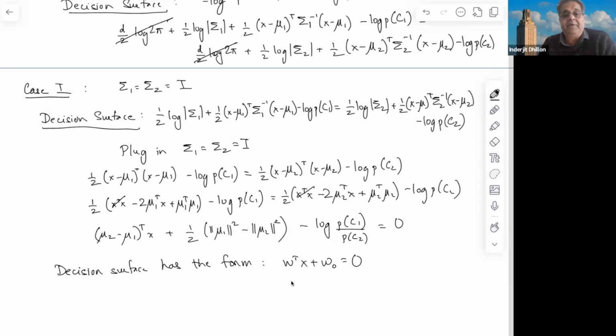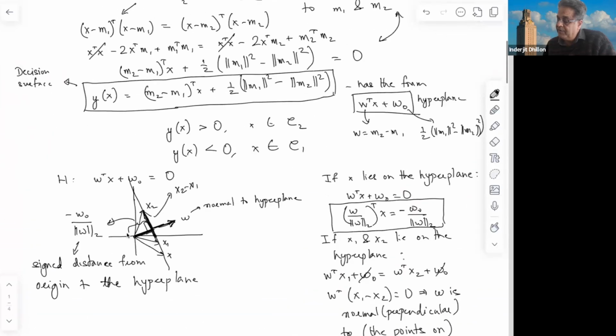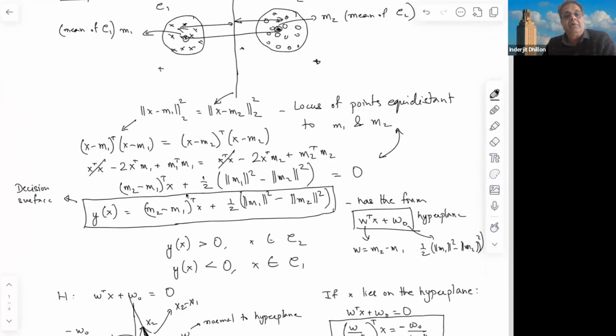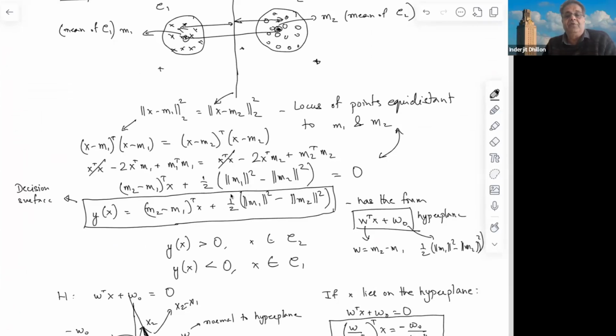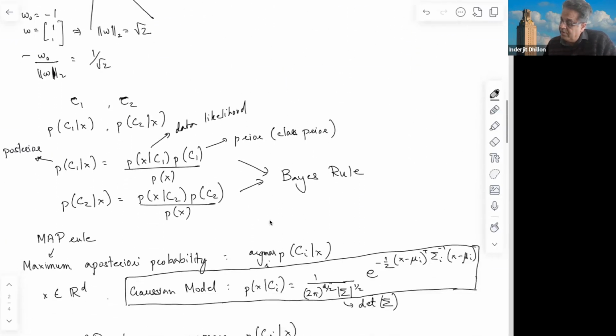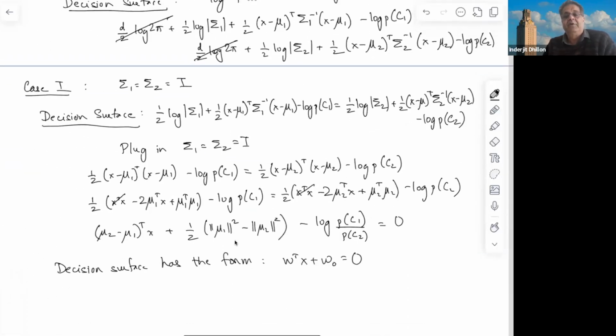And what's interesting is that this W transpose X is (mu2 minus mu1) transpose X, and that's exactly what we had seen over here, M2 minus M1, mu2 minus mu1. And this term is also similar.